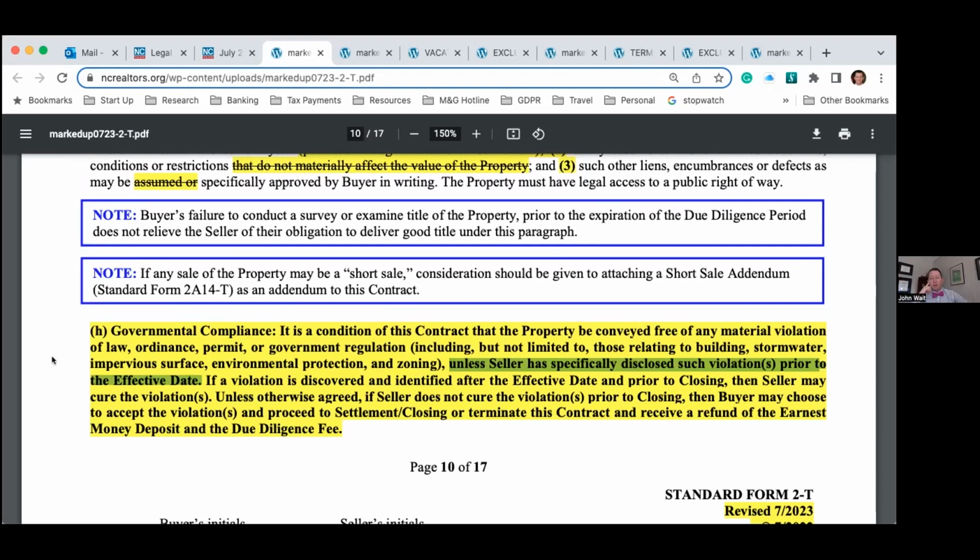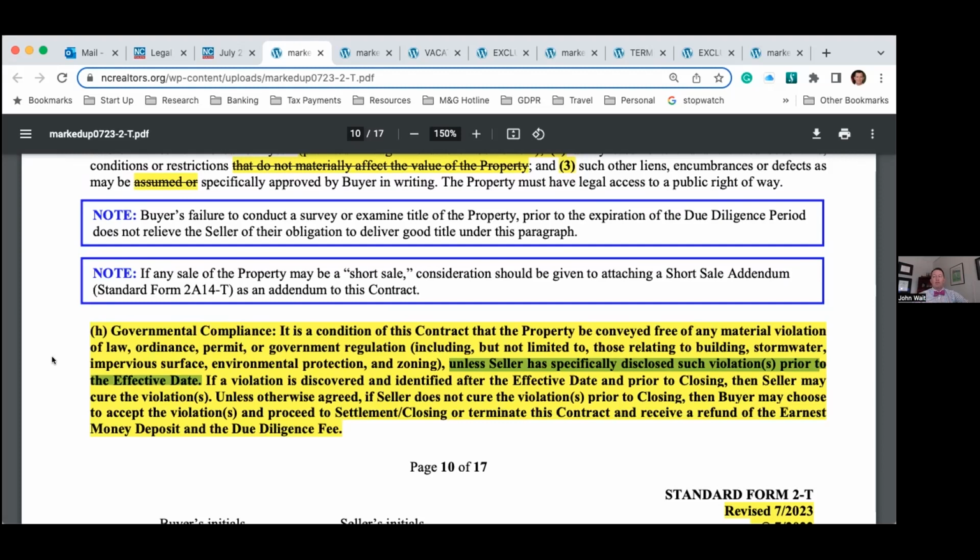This paragraph is not going to apply at all, because if the seller discloses it, they're only making a representation that the property is free and clear of material violations, except for those that they have disclosed. So understand those are two big hurdles that any buyer is going to have to get over before they get to this last part here, which is this.